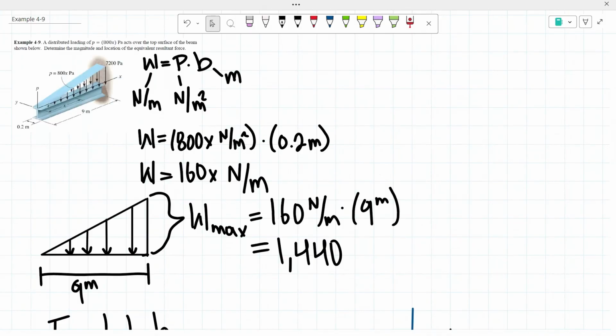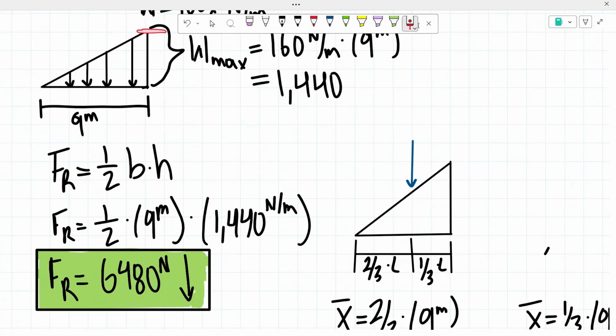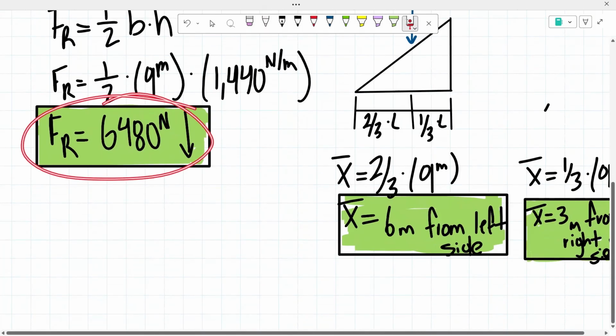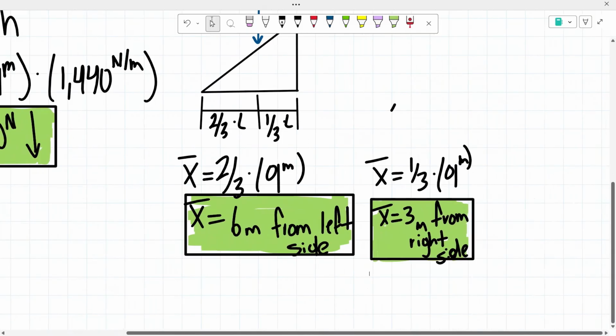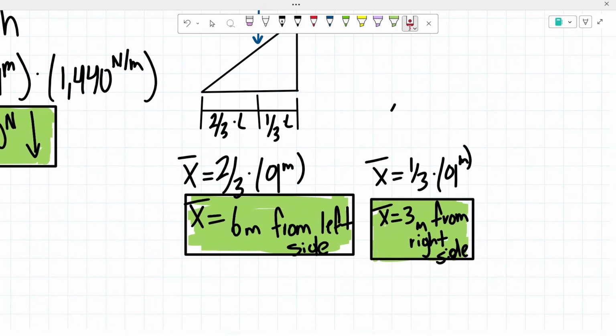From there, we took that distributed loading of weight, and we found the weight maximum because we were going to need that for our equation of our resultant force, because in a way we needed that height, and that height in this example is represented by the weight max, and we multiply that by the length of the beam, and times that by 1/2 since it's a triangle. And from there, we determined the magnitude of that resultant force. And then from there, we used these equations to find the location of that resultant force.